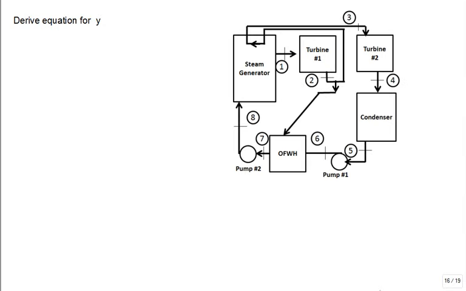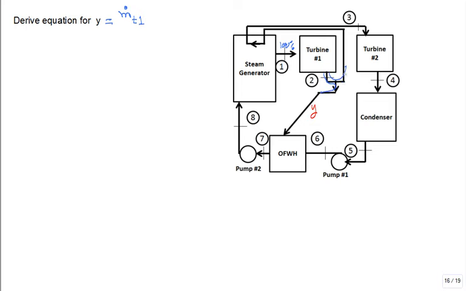The only thing is we have a new equation, and it's for this y. Well, what is y? y is a mass fraction. So y is defined as the mass flow rate that goes into the first turbine. See, it's like 100% of the steam that comes out of that steam generator goes into the first turbine. And then out of that, some of it splits.